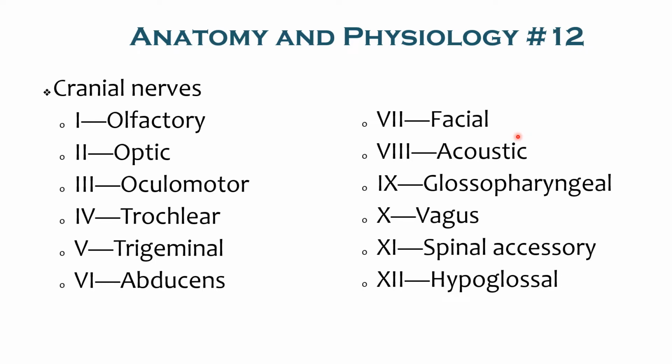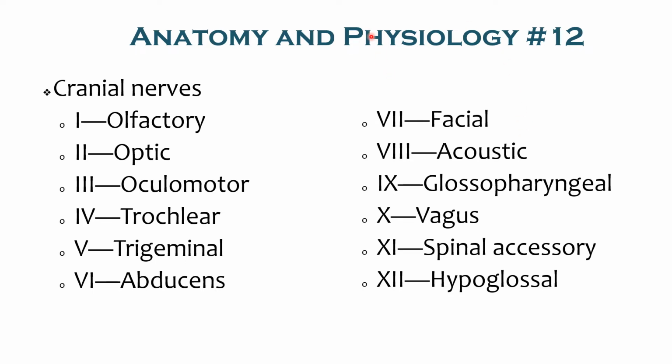For motor, it is responsible for facial movements, including those of facial expression like closing of the eyes and closing the mouth. And for sensory, it is responsible for taste, particularly for salty, sweet, sour, and bitter substances of the anterior two-thirds of the tongue.